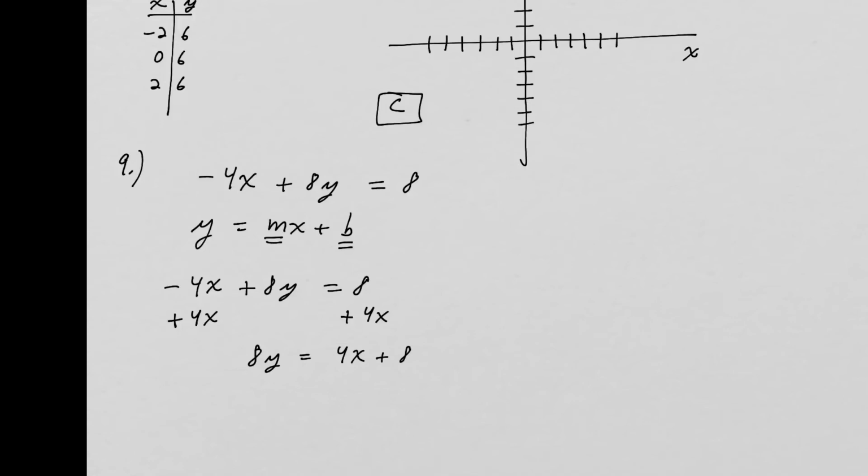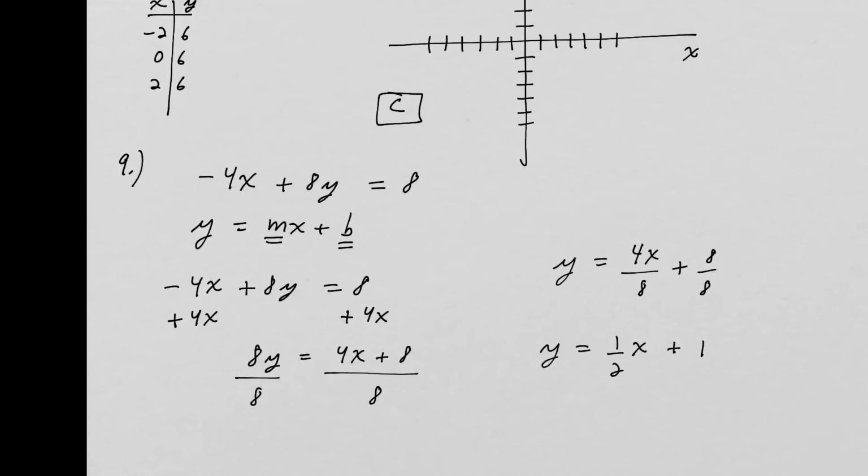And now I will divide by 8, both sides. So now I have y is equal to 4x over 8 plus 8 over 8. But then I can simplify this a little bit. 4 over 8 is the same as 1/2 times x plus, and then 8 over 8 is 1.